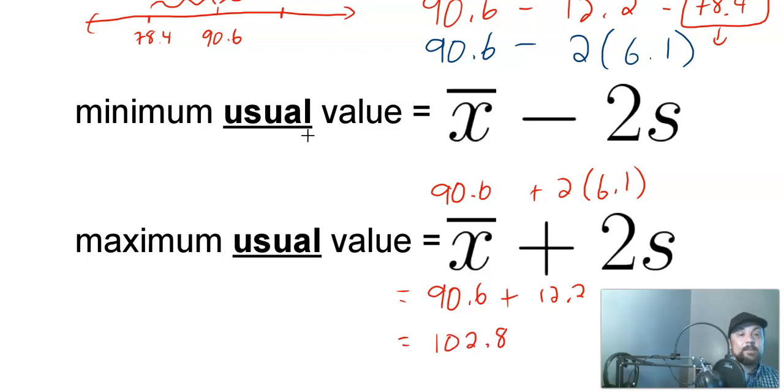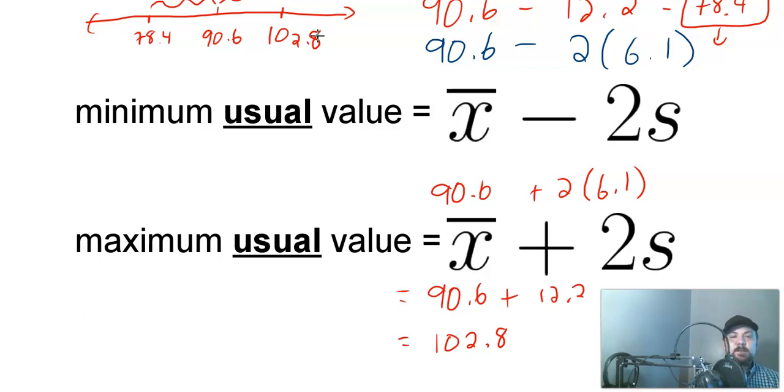And that would be the maximum value that I would consider to be usual in this data set given the variation in the data. 78.4 is the minimum value that I would consider to be usual given the variation in the data. So this is going to be 102.8.